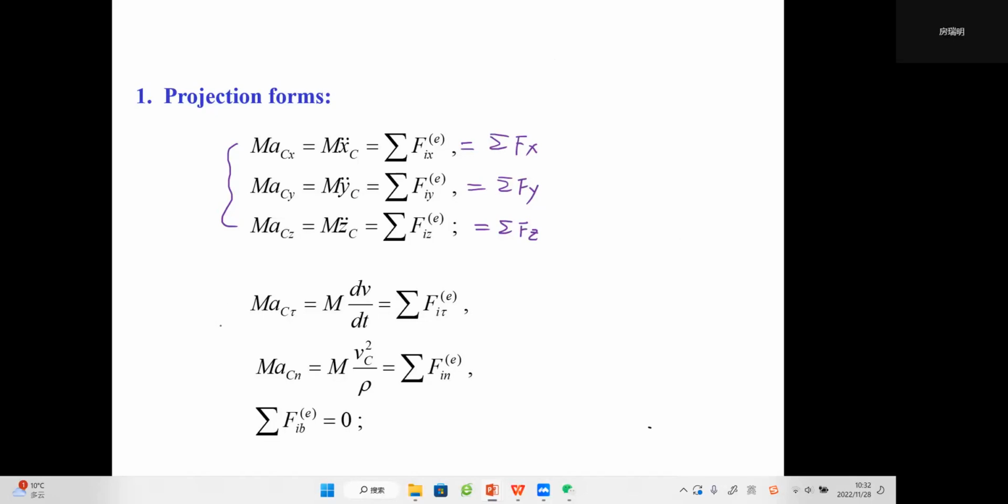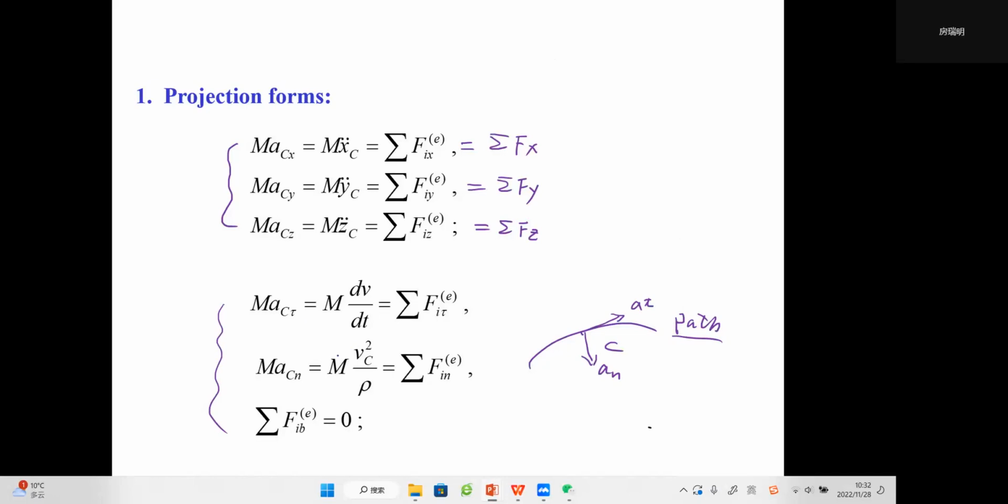We can also find, if we know the center of mass of this system has a fixed trajectory, that at each position it's very easy for us to give it a tau and an n, using the natural coordinate system.